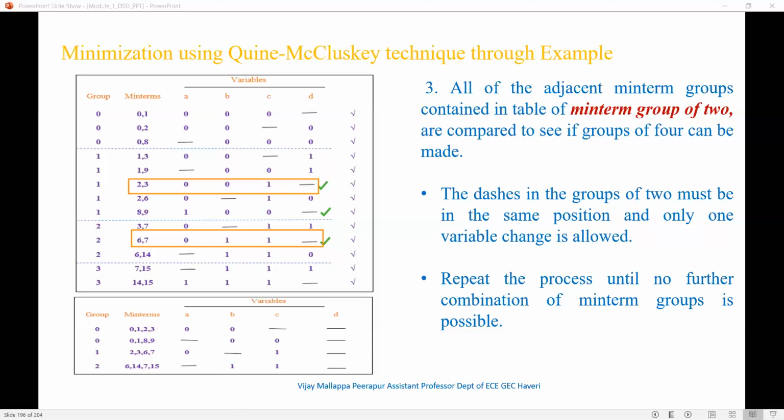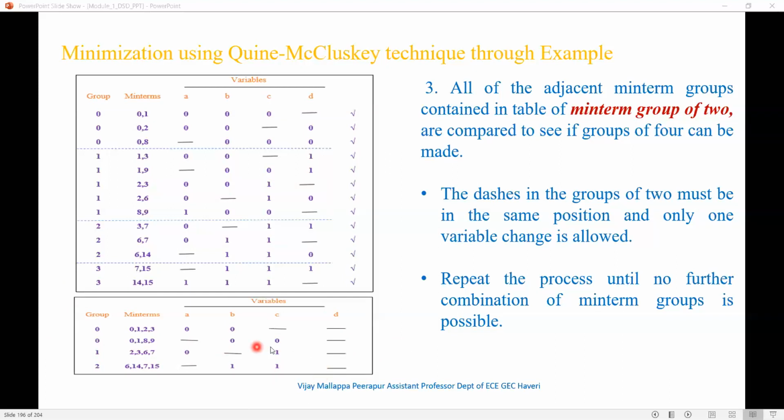And now check whether we can make a group of 8 minterms. Now see, compare here. When creating a group of 8 minterms, the dash has to be common between group 0 and group 1, and while comparing 1 and 2, the 2 dashes have to be common between them.